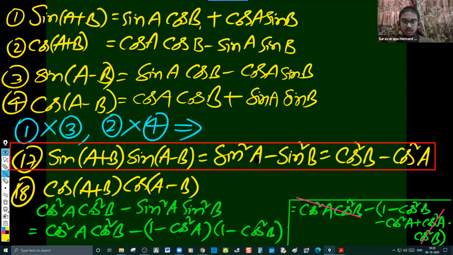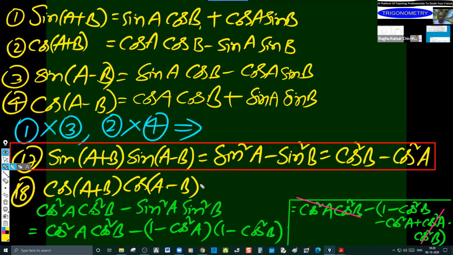You will not get uniformity otherwise, both in sine or both in cos. So that becomes cos²A, and 1 minus cos²B is sin²B.